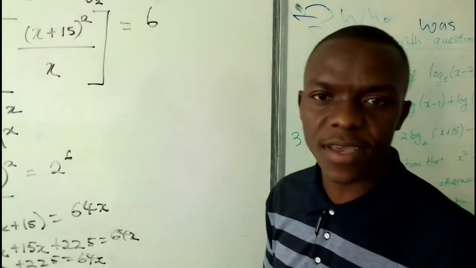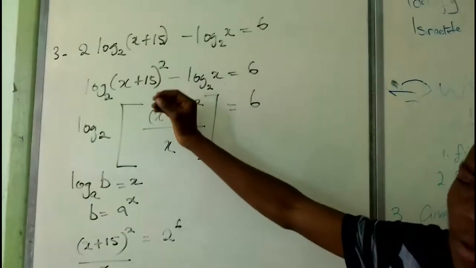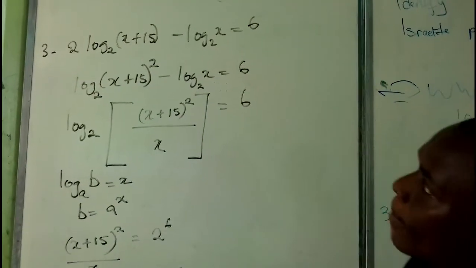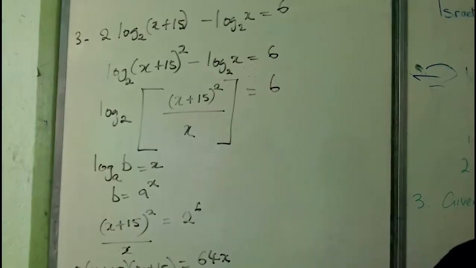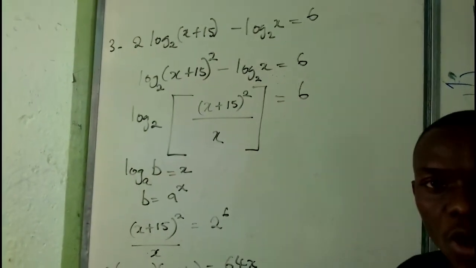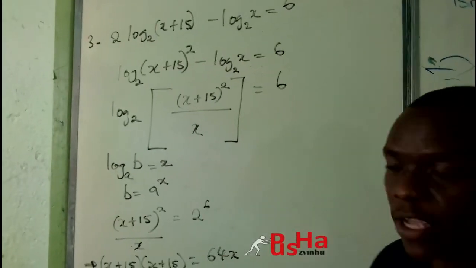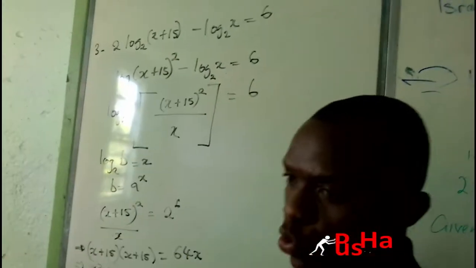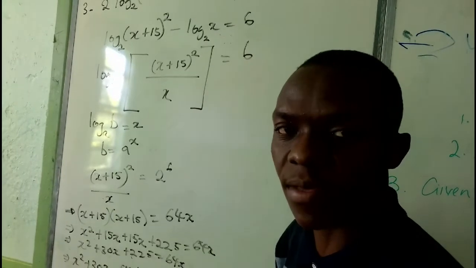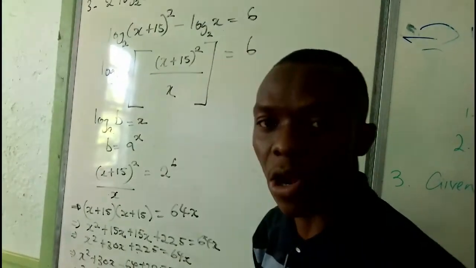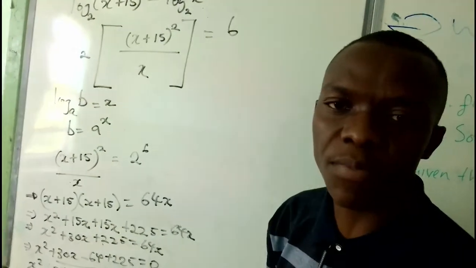So we just solved the third question of logarithms. We had 2 log in base 2 of (x plus 15) minus the log of x in base 2 being equal to 6. By applying the third law of logarithms, we raised this (x plus 15) to the power of 2, since this is what the third law says: if we have log of m to the power of p, we get p log of m.